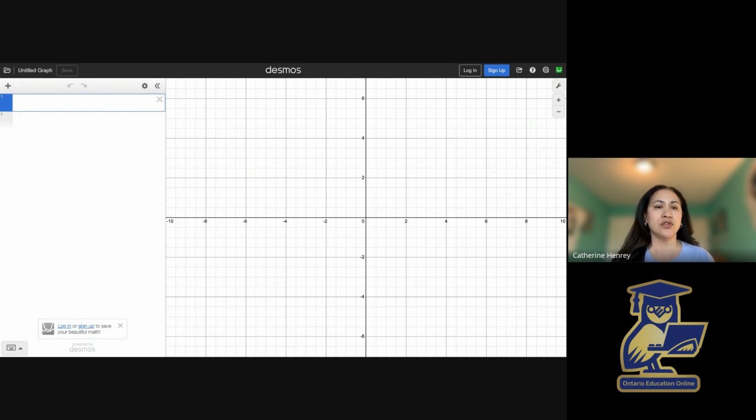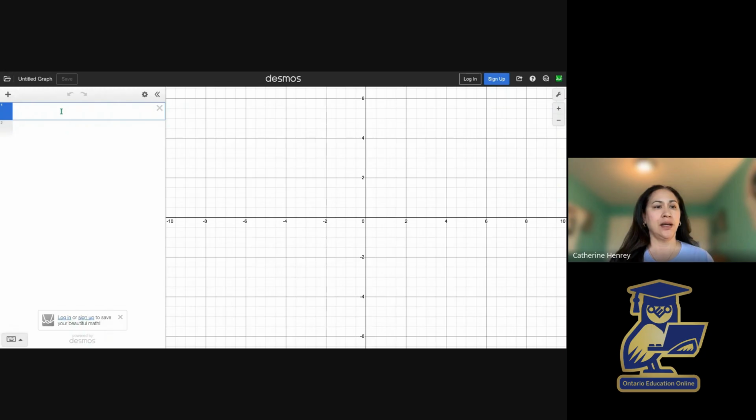Now that we have Desmos open, let's split our exponential equation into two functions, and we'll see where they intersect. Our first function was y equals, let's put in some brackets. Now let's put 1 divided by 2 because that was the base.